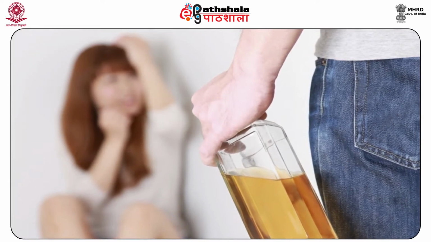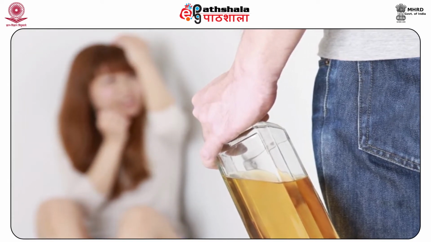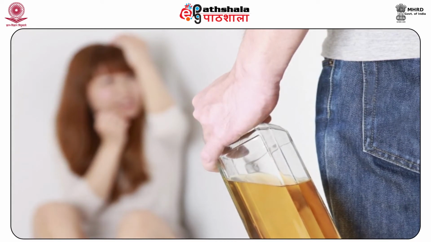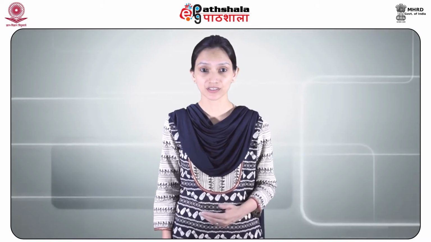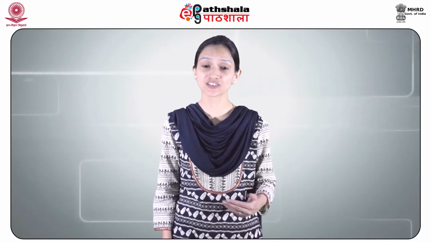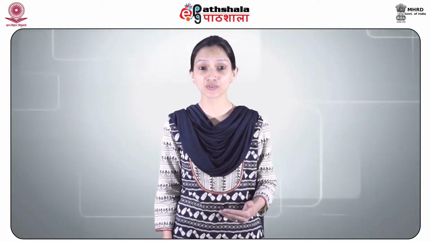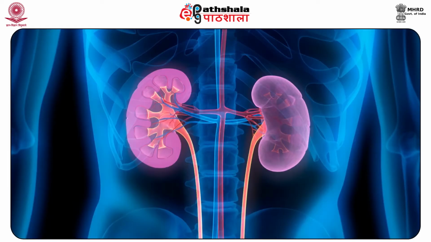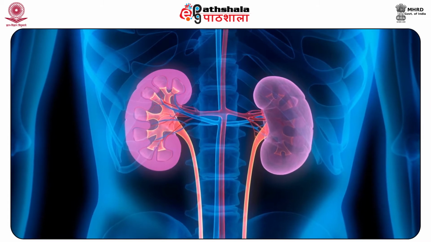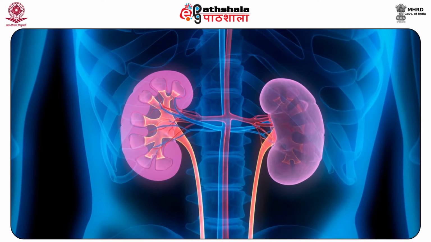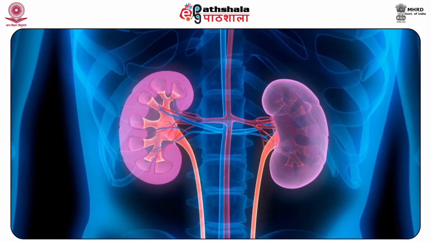Thus, the person becomes sexually aggressive and in case of severe intoxication may even commit an offense. Urine excretion. Alcohol inhibits the action of pituitary and thus reduces the production of antidiuretic hormone. When the level of ADH drops, the kidney does not absorb as much water. Consequently, the rate of urination increases.